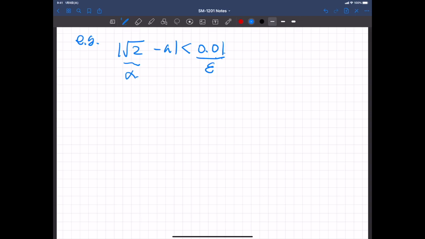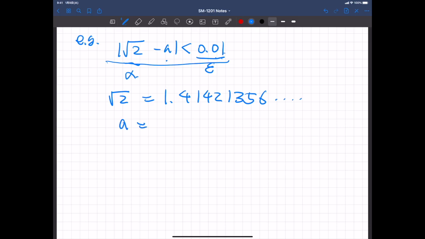Now we want to find a rational number a that satisfies this inequality, which is quite easy. First of all, square root of 2 is something like 1.41421.